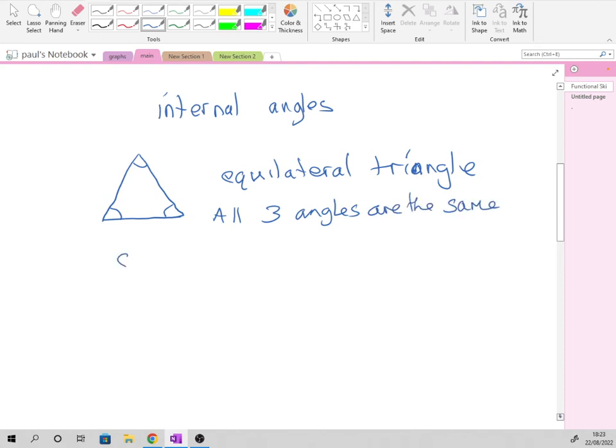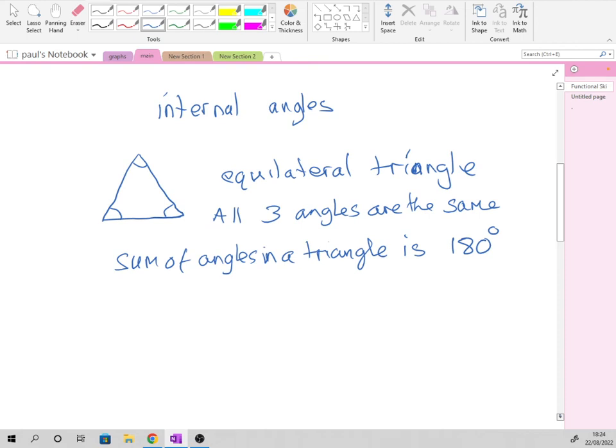Now the sum of angles in a triangle is 180 degrees. That means you add them all up together and they will always be 180 degrees. It doesn't matter what kind of triangle it is.